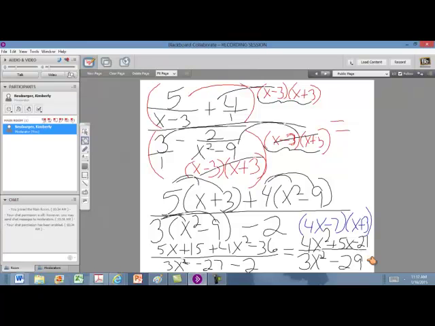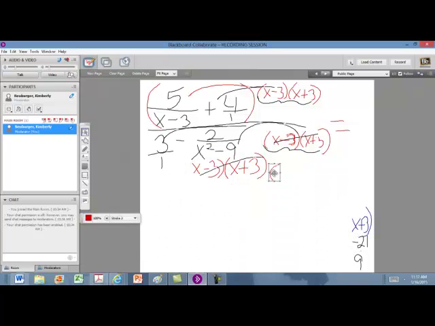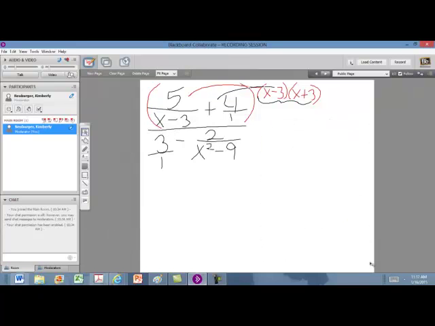Now, how do you know which method is the best? If we take a look at this, let me get rid of a bunch of this so we can look at the original problem. If you have a problem like the one that we did, where the top and the bottom have similar common denominators.